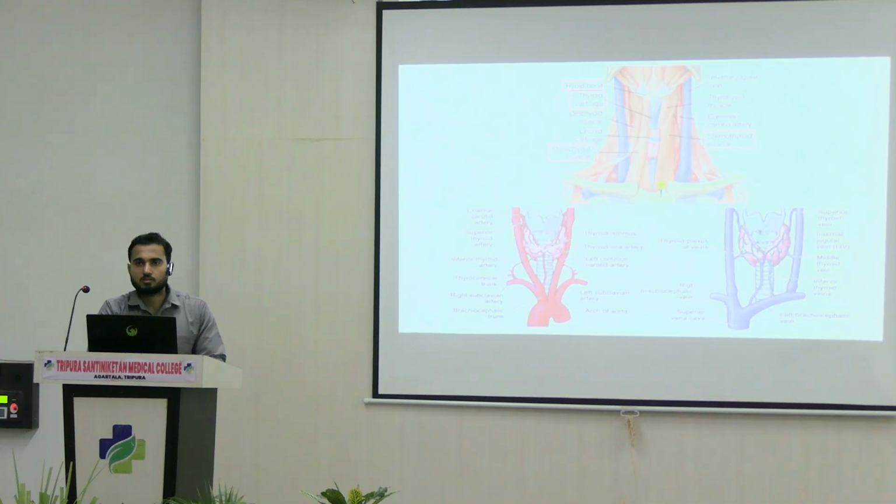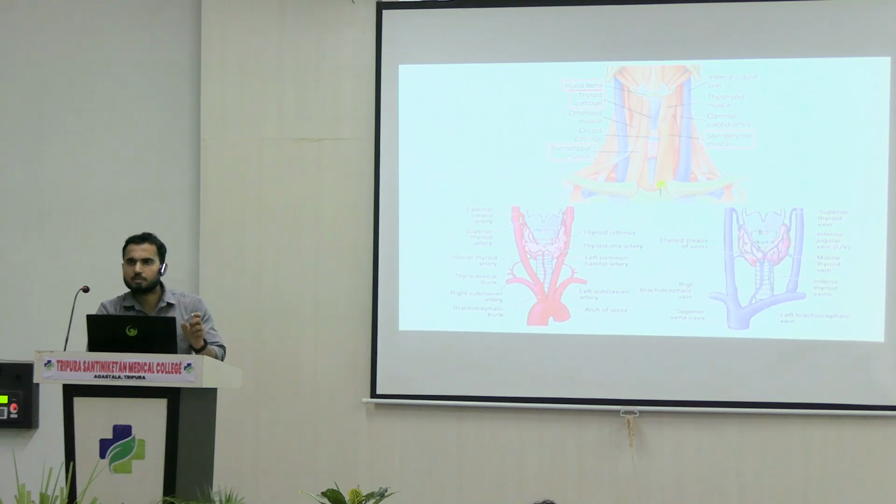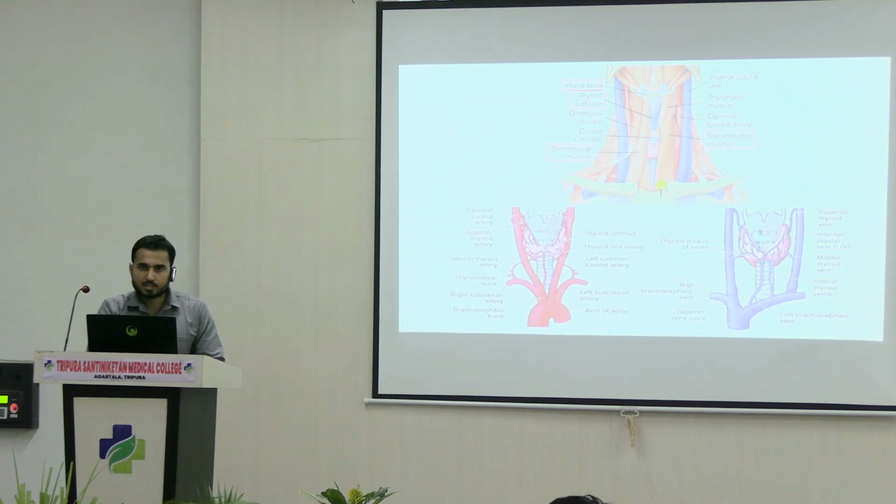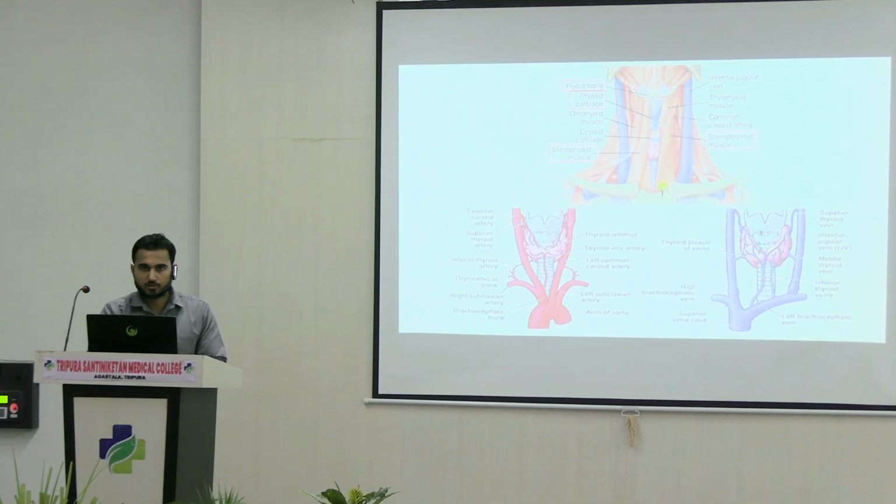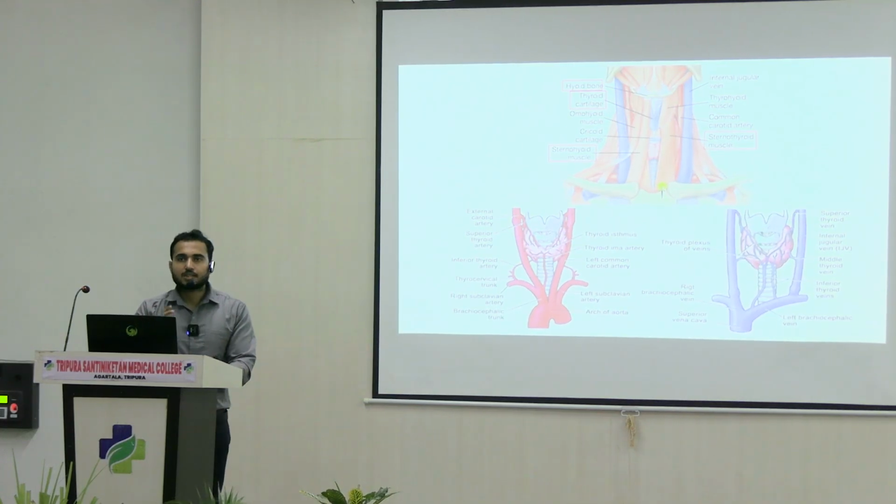It is a variation. The thyroidea ima artery is present in 35 to 40% of cases. If this artery is present, it arises mostly from the arch of the aorta. It is a variation, not normal. So these are the relations of the isthmus.